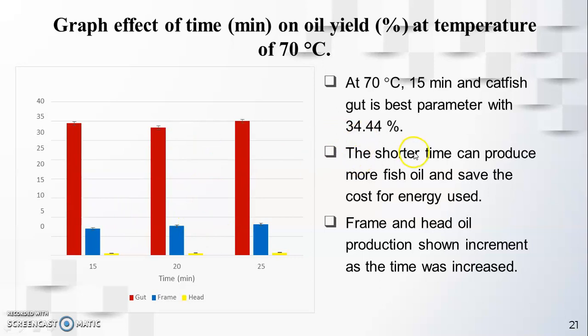This is because, compared to others, the shorter time can produce more fish oil and save the cost of energy use. While front and head oil production show an increment as the time was increased.